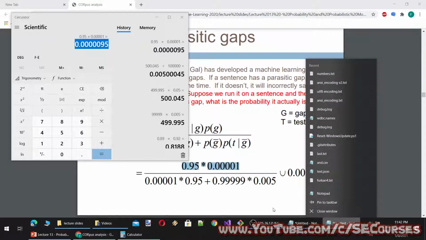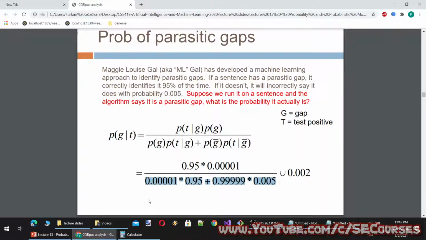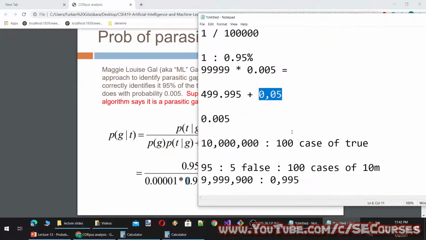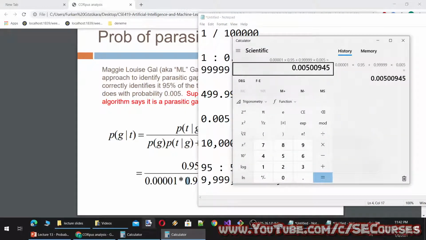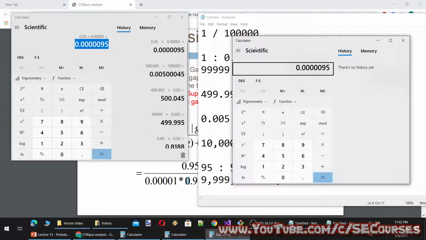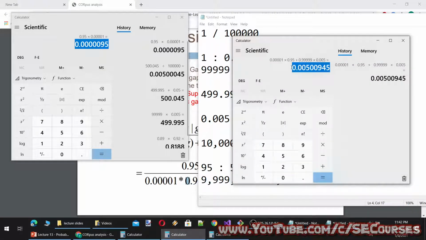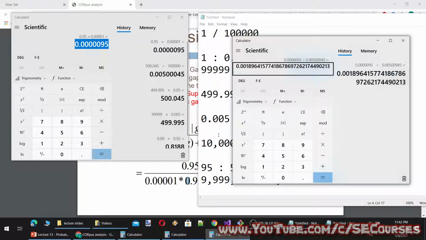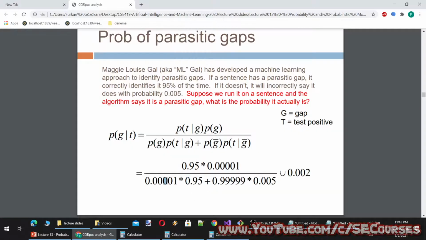This is our first term, and then we have this, and then we divide them. This is exactly as we have found here. So we divide this by this, and this is the actual probability.